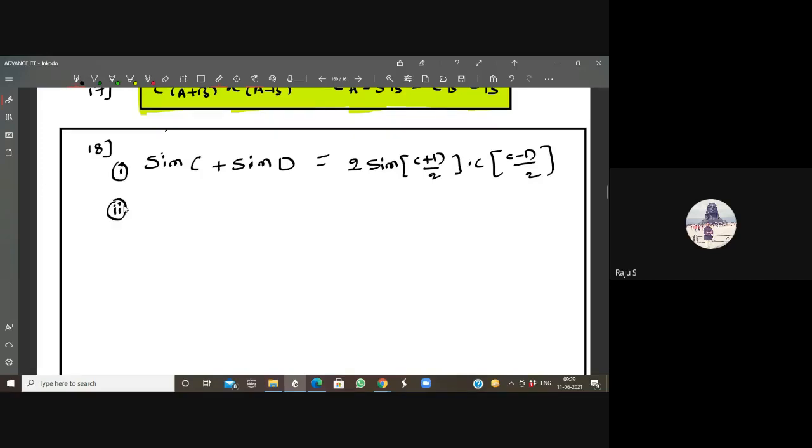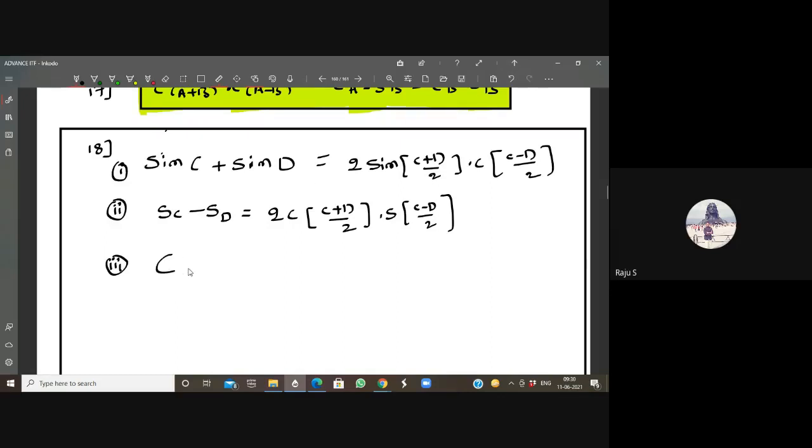The second formula is sin C minus sin D, which is 2 cos, first cos will come, cos (C+D)/2 then sin (C-D)/2. All these formulas you can write at one place, because I said these formulas are important.